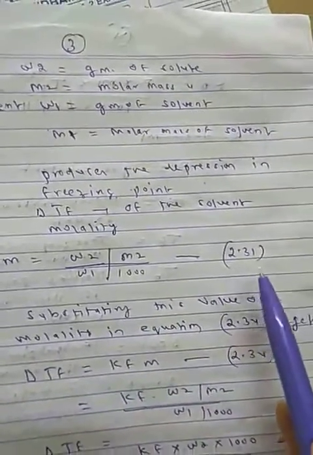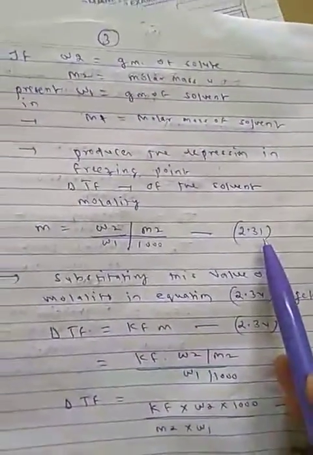This equation is 2.31, like that earlier we calculated in elevation of boiling point.